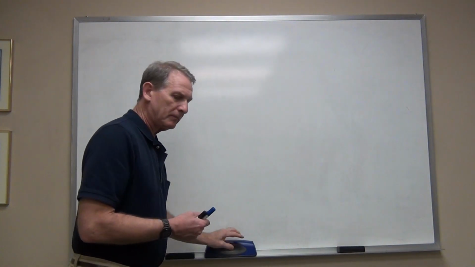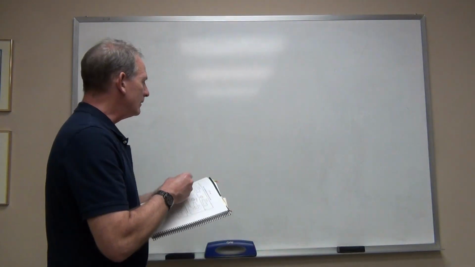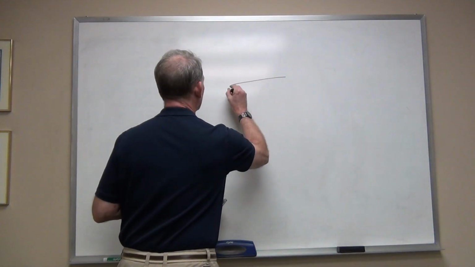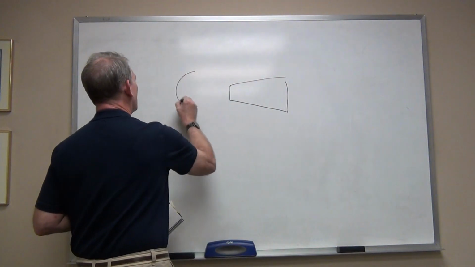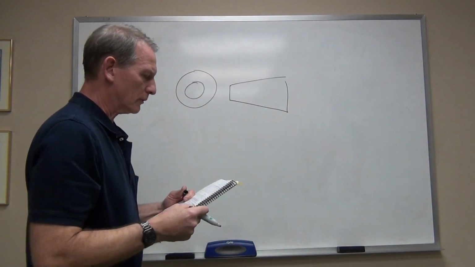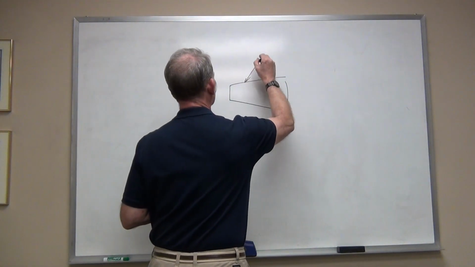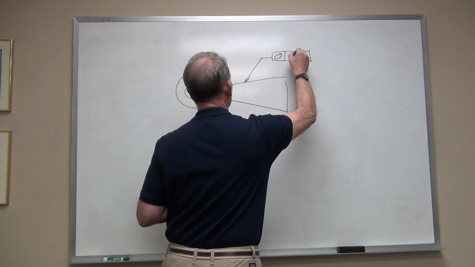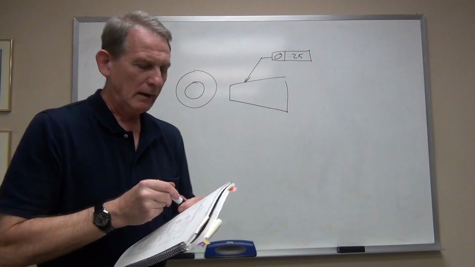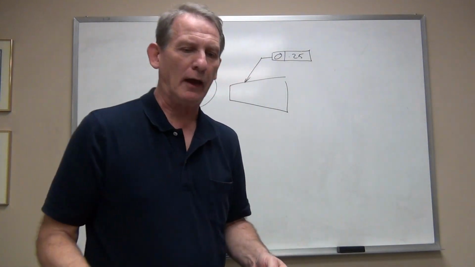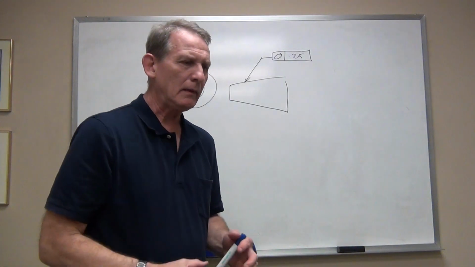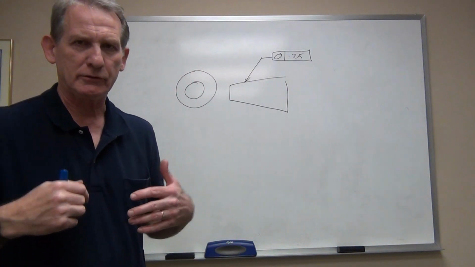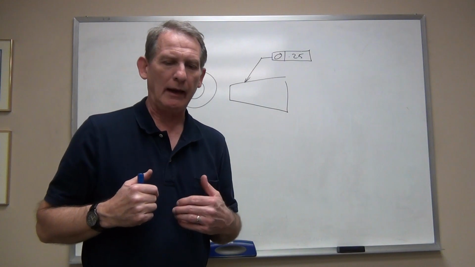but that's just an example. All right, now the other example in figure 510 is a little bit less obvious. In this case, we have a conical feature with the same roundness or circularity call out. And if nothing else, this highlights the fact that we don't have to have a cylindrical feature to have a roundness call out.